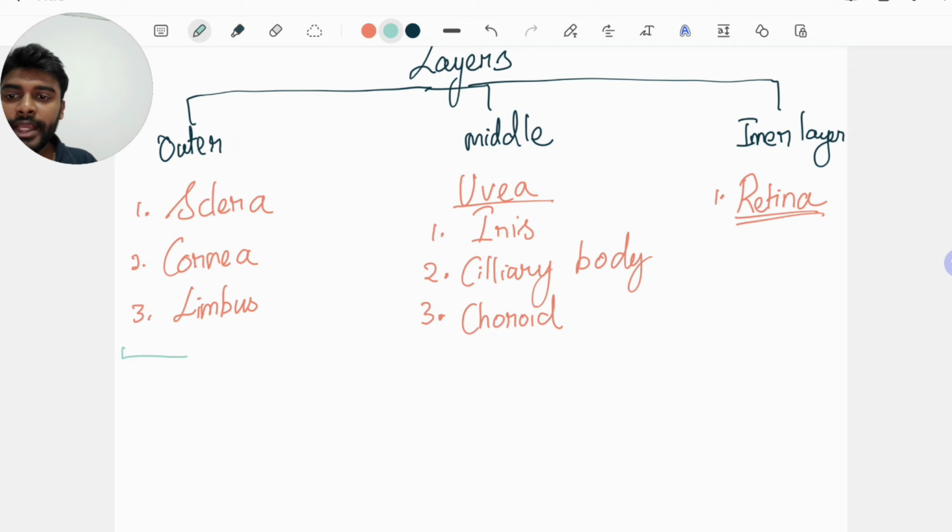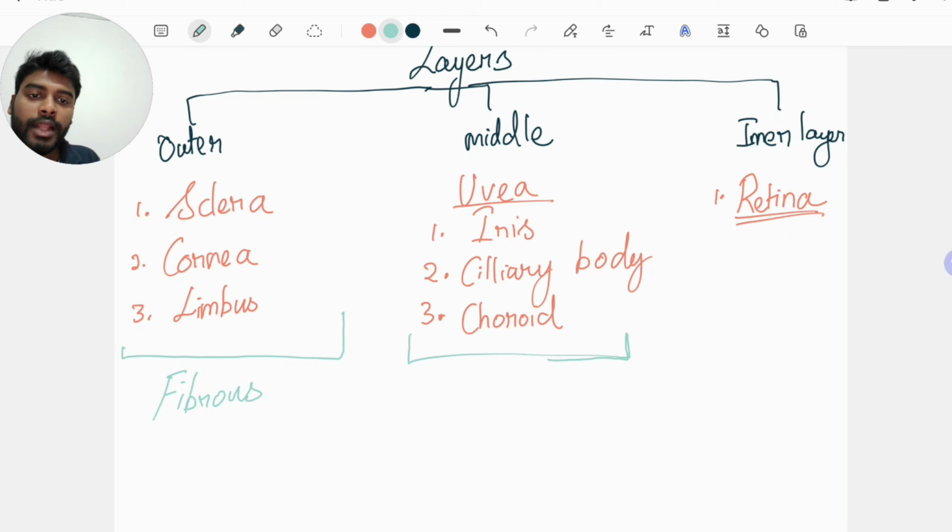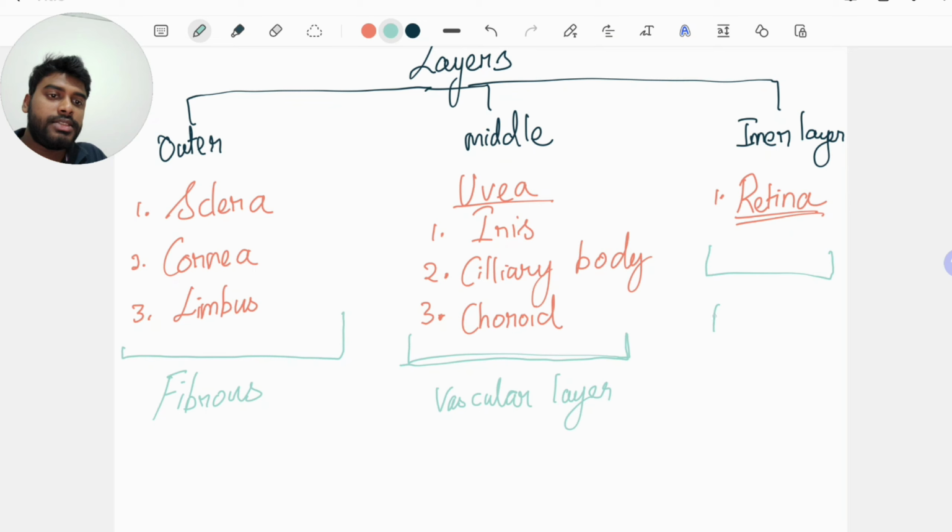The outermost layer is also called the fibrous layer, the middle layer is also called the vascular layer, and the inner layer is called the neural layer.